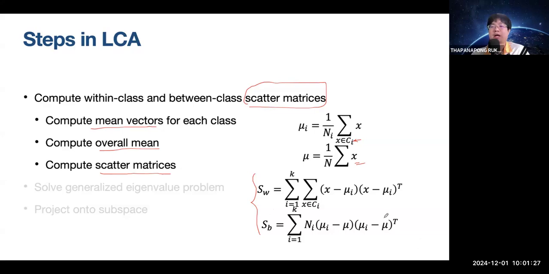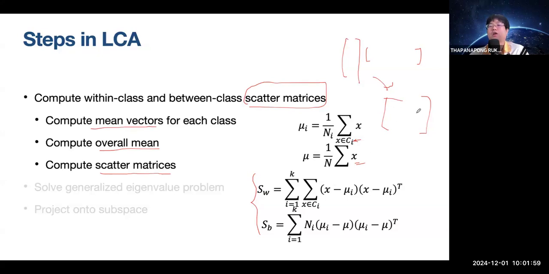So these are the matrices. When you do the matrix here, you have your data point, and then you multiply by the transpose. So what you get is a matrix. So you have SW, SB. Both of these are called scatter matrices.